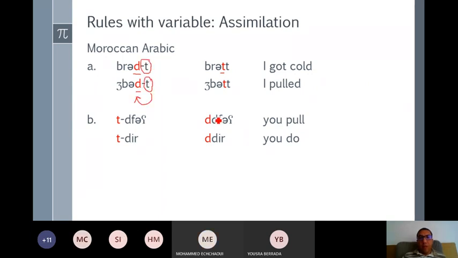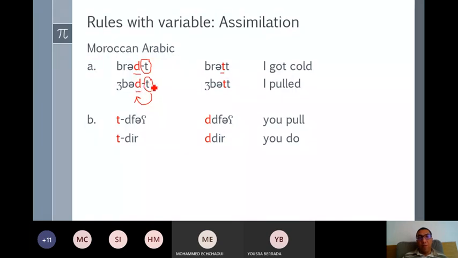Okay, so we continue with the voicing assimilation in Moroccan Arabic. The final consonant of the word gets devoiced when a voiceless consonant follows that.